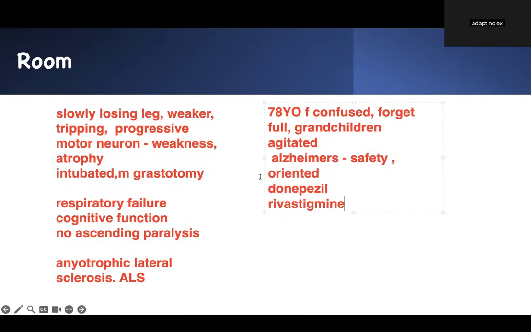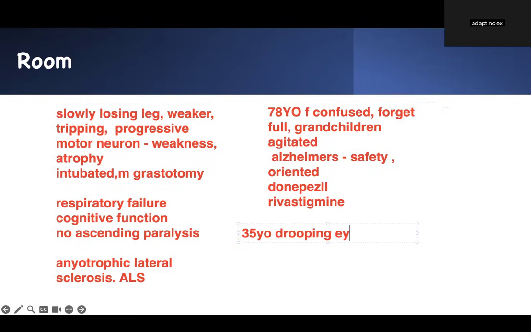And luckily, the next door neighbor, the third person in the room, is like 35 years old. What is he complaining about? He says he has drooping eyes. He can't see well. Vision problem.